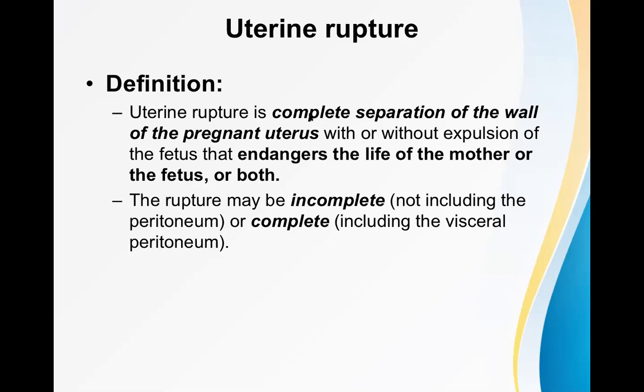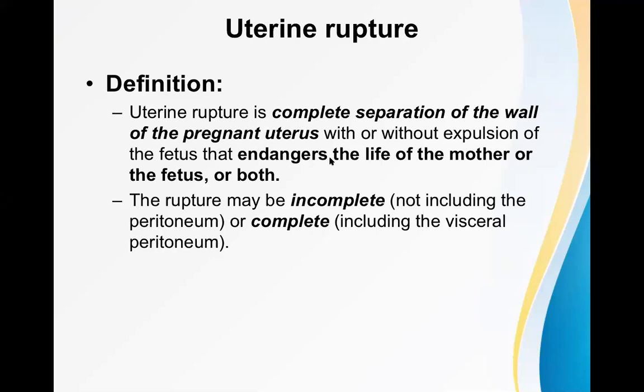Let me explain this in a very easy way. Rupture of the uterus means there is a complete tear of the walls of the uterus. This is a pregnancy we are talking about, and during the pregnancy there is a baby developing inside the uterus. So after the rupture of the uterus, there is a severe chance of hemorrhage.